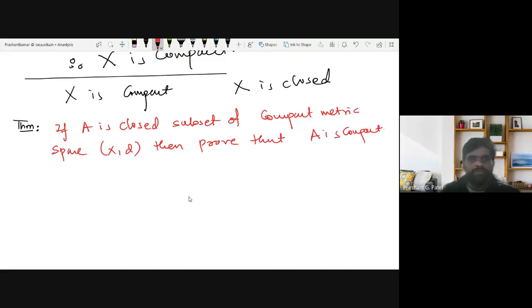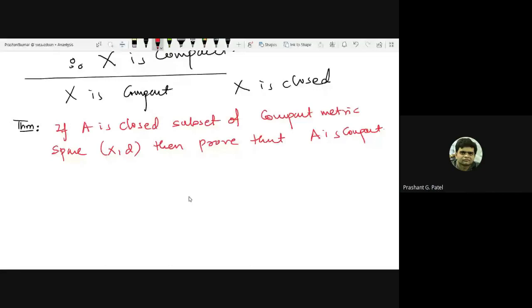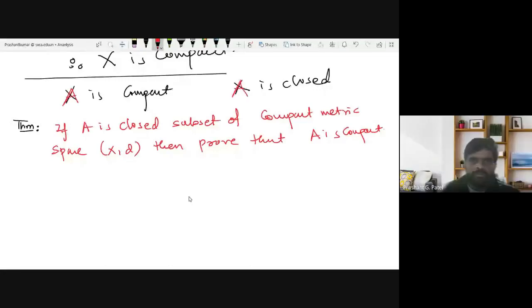That means a closed subset of a compact metric space is always compact. What about the converse? That means if A is compact, can we say it is always closed? These are the results which we can establish. Let us give the proof of the first one, and then we'll talk about the converse.